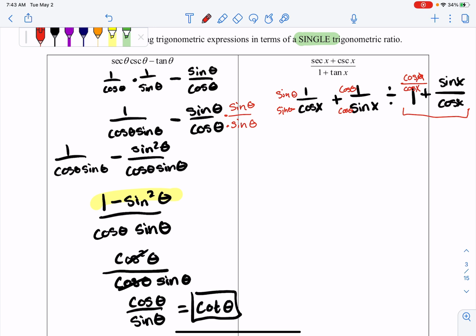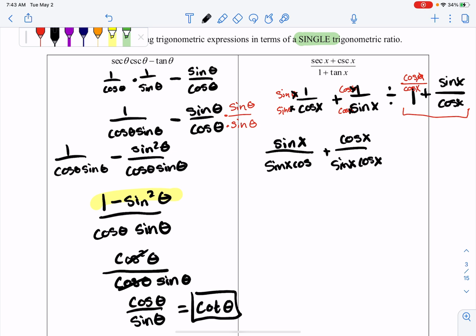Okay, so now on the left-hand side, we have sine x. These all should be x's, not thetas. Okay, over sine x cosine x plus cosine x over sine x cosine x divided by cosine x over cosine x plus sine x over cosine x.